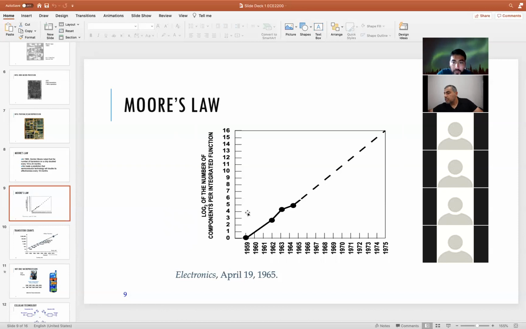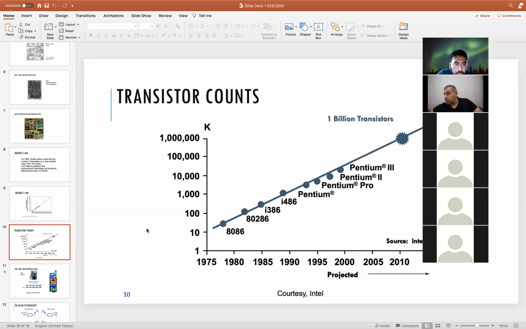Meaning that this was his prediction about what the growth would be, and indeed, if you look at actual transistor counts, again, this is kind of old, from the mid 2000s you were already at a million. This is a million K, so it'd be at a billion transistors here at 2010, starting at 10,000 devices here in the 1970s, et cetera.